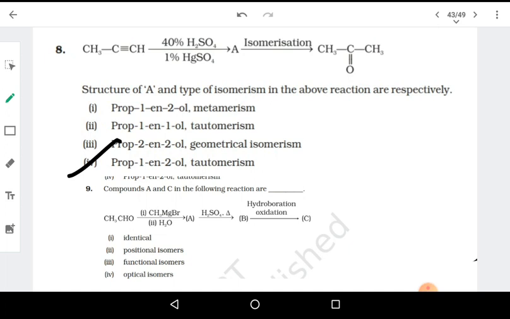Next question. CH3CHO is treated with CH3MgBr and H2O. You have to get A. That is treated with H2SO4, heat, which will give us B. And then you have to carry out hydroboration oxidation. You will get C. You have to try out the reagents. What should be A?